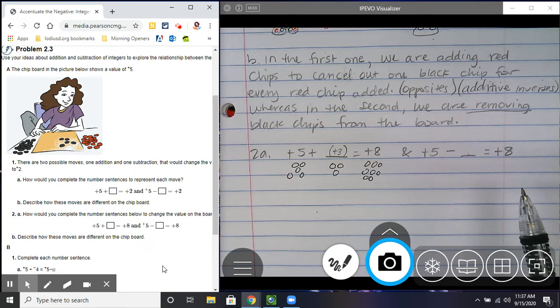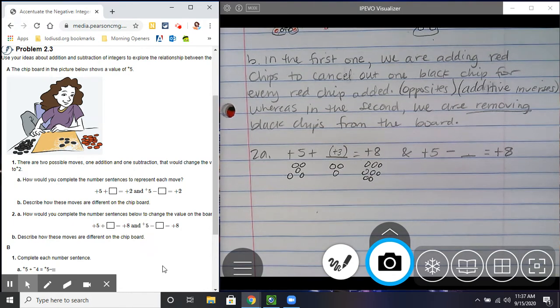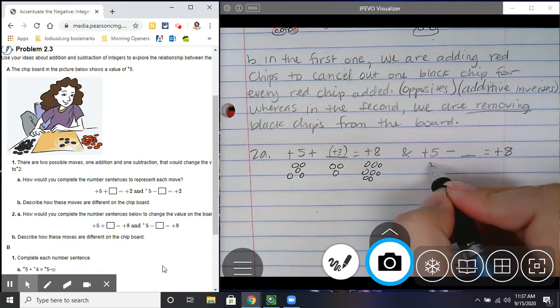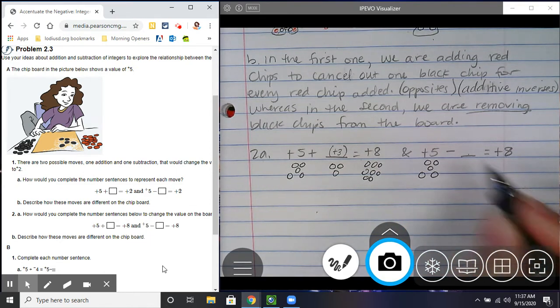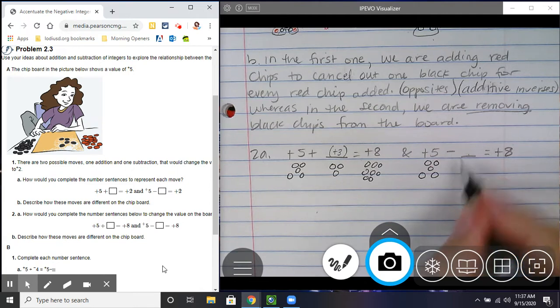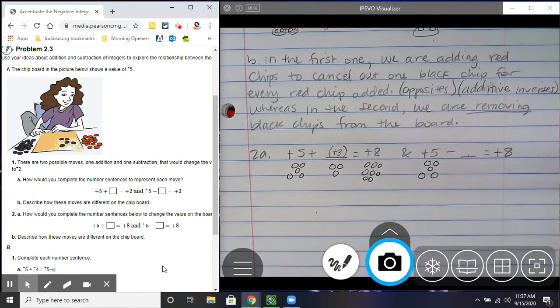So I'm trying to think of what the best way would be for you to visualize this. Clearly, we have to take something away, but we can't take away any of this because that would make us go backwards, not forwards to 8, which means that we're going to have to be taking away red chips. We're going to have to add in some red chips.